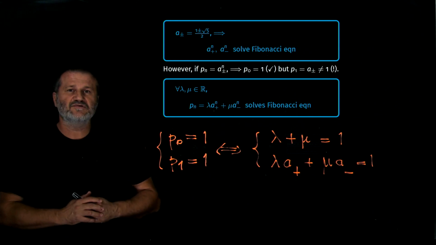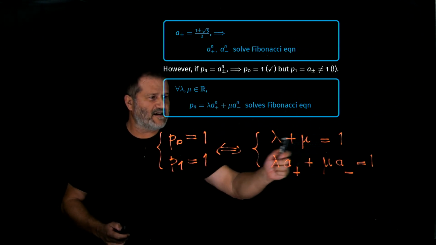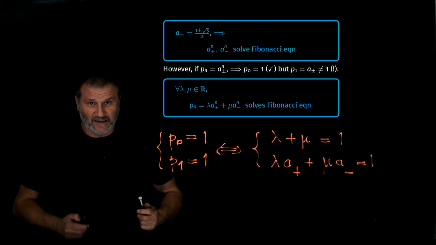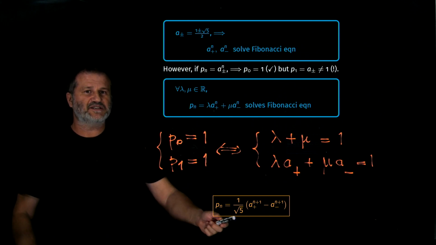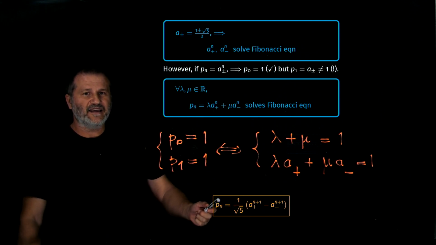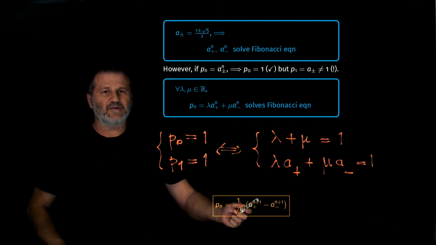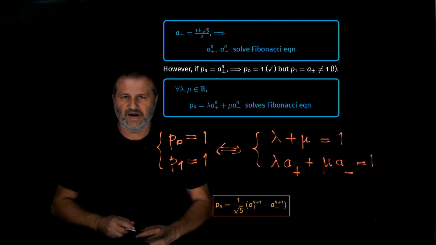I invite you to write down the solution. And once you find the values of lambda and mu and plug them into this formula, you will see that Pn will assume this form. Pn equals 1 over root of 5 times a plus to the power n plus 1 minus a minus to the power n plus 1.